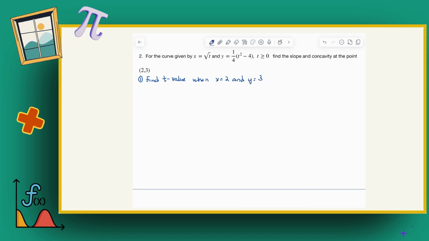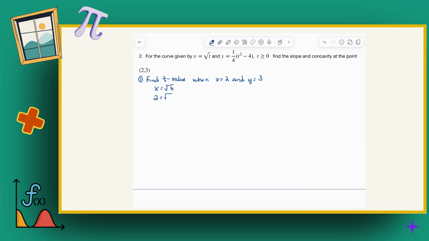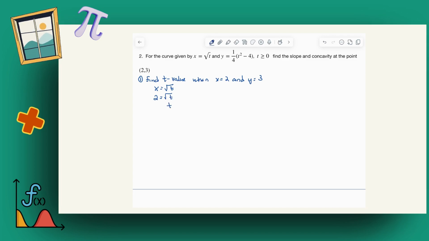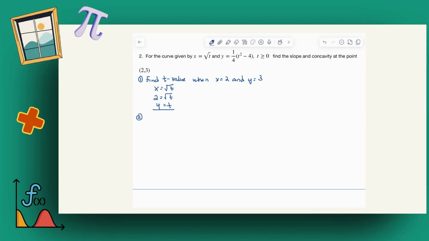Now you can choose whichever equation, the x equation or the y equation, it doesn't matter which one. I'm going to choose the x equation. I'm going to let x equal the square root of t, or 2 is equal to the square root of t. Squaring each side, I get t is equal to 4. Now if you had chosen the y equation, you would have also got t is equal to 4. So that's our first point of interest.